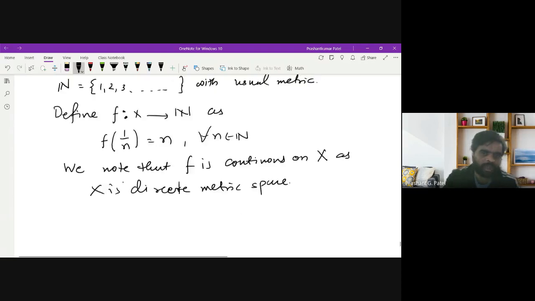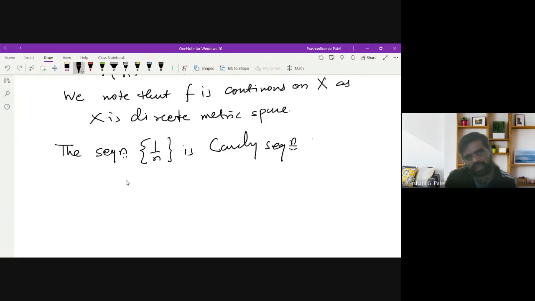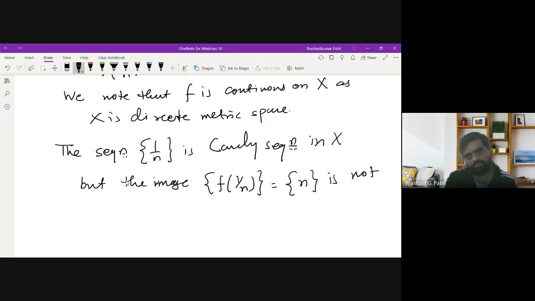And we already know that the sequence 1 upon n is a Cauchy sequence in X. But the image f of 1 upon n, which is n, is not a Cauchy sequence.